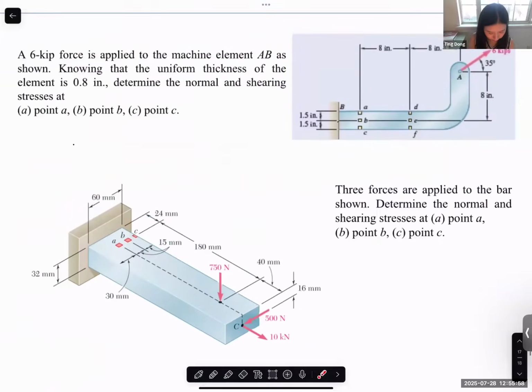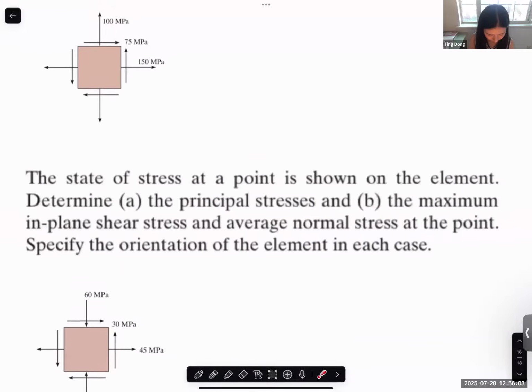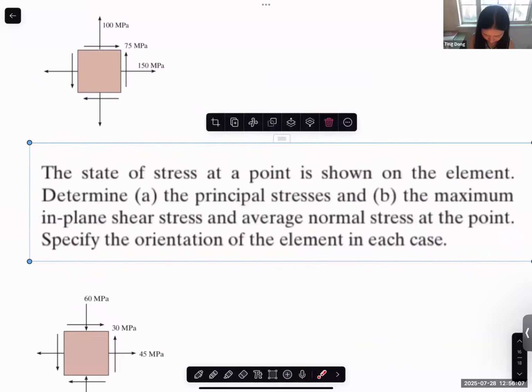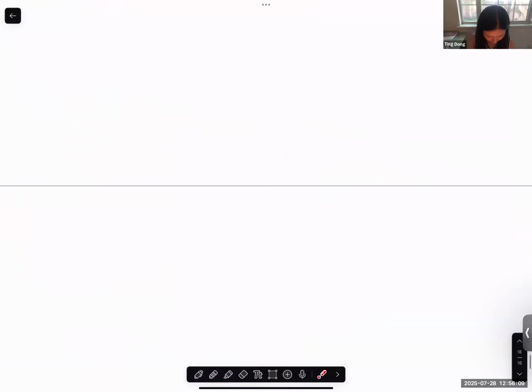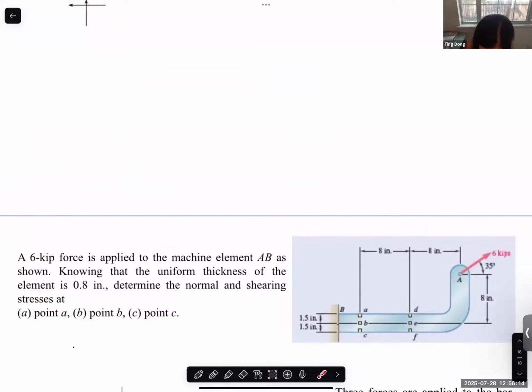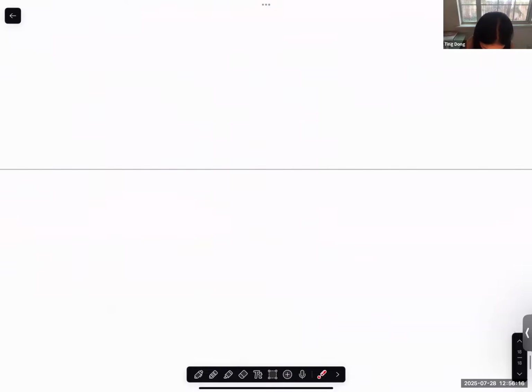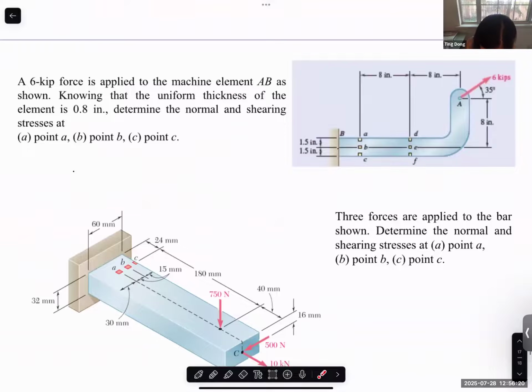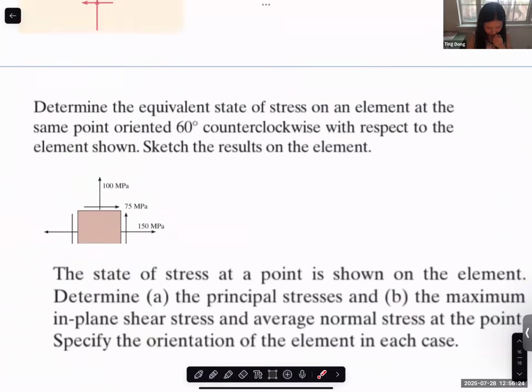Wait, where is it? Why is it gone? I don't know what happened. Wait, why did it disappear?